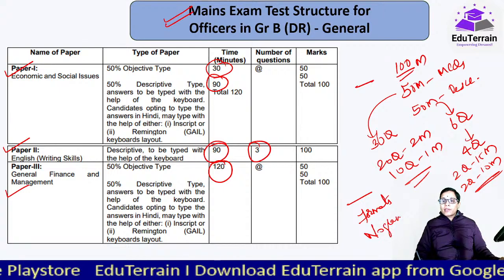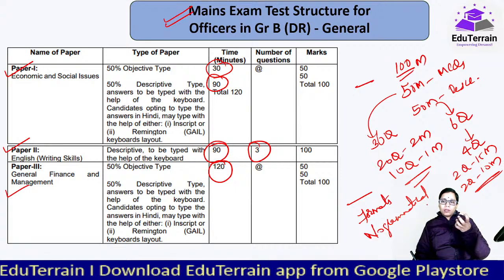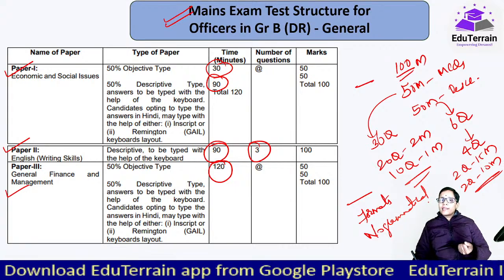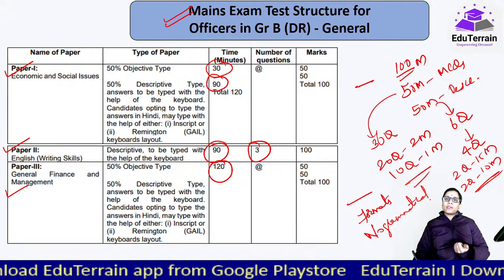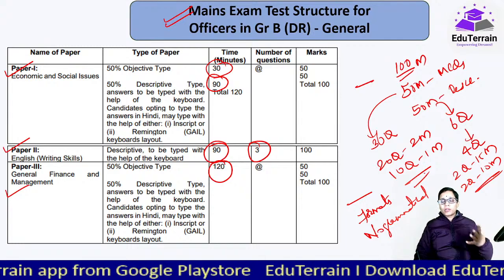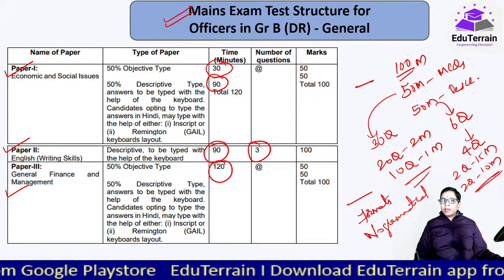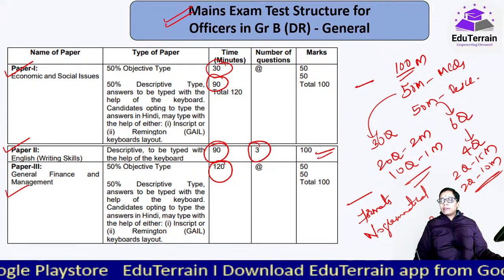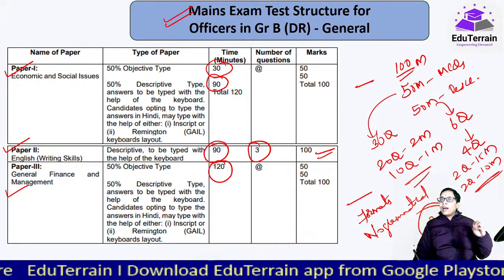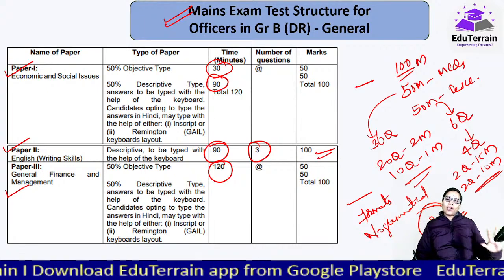No grammatical mistakes, and stick to the word limit they have mentioned. All the topics picked would be from ESI or finance topics only, or the regular current affairs topics. And 100 marks, so total 300 marks for phase 2. So the higher you score in mains, the higher the chance in the final selection.